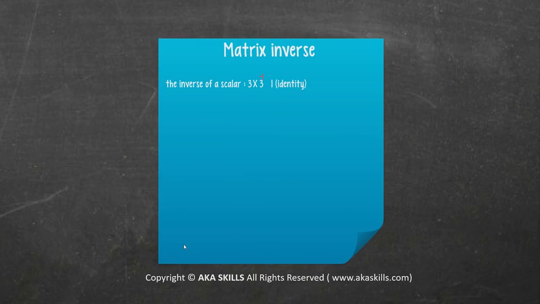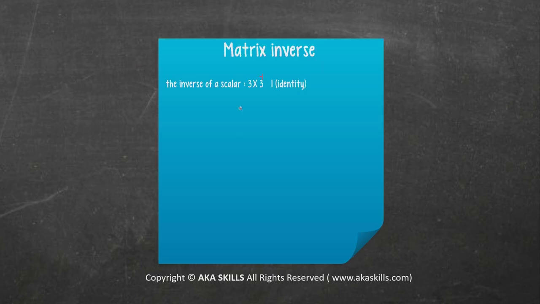So what's a matrix inverse? Simply, in the scalar world, in the normal numbers that we know, for example, we have the number 3. Its inverse is 3 to the power of minus 1, or 1 divided by 3. That's the inverse.